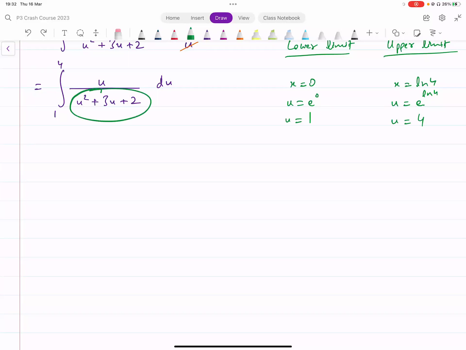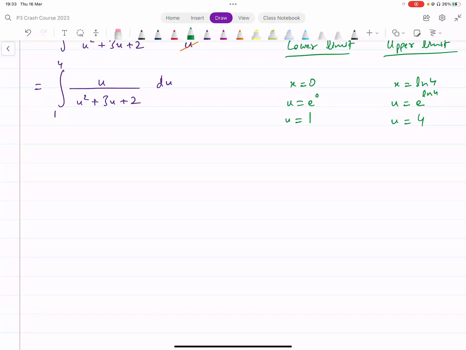What's the derivative of the denominator here? The derivative of the denominator is 2u plus 3. Well, we could get 2u by multiplying here by 2 and dividing by 2 outside, but we can't have plus 3. So we can't really convert it to this form. That's not possible.